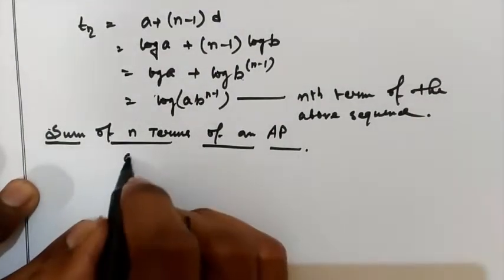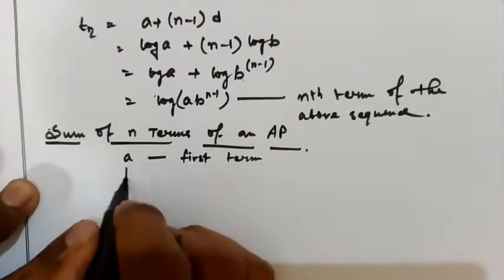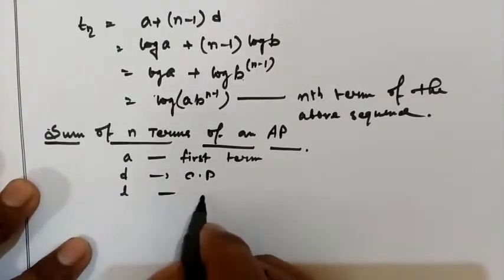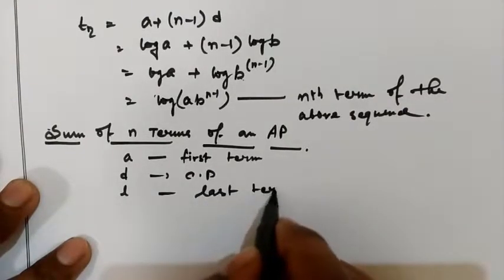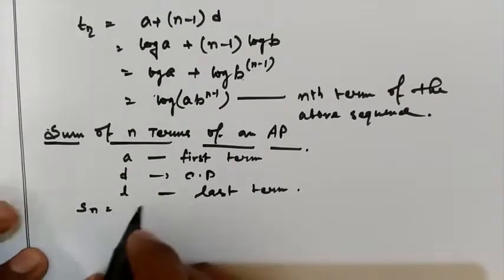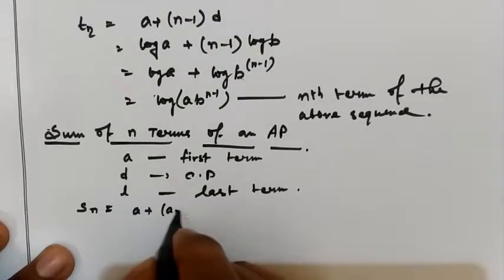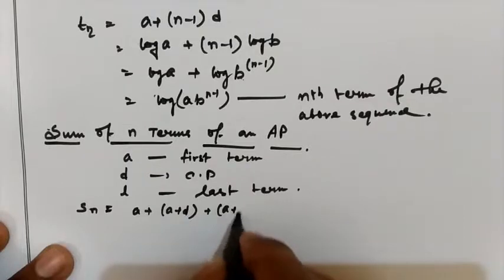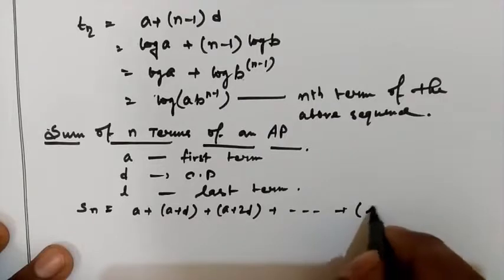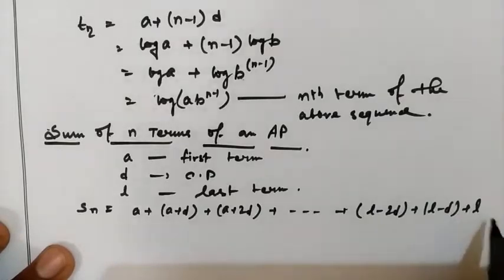Again similarly, if a is the first term and d is the common difference and l is the last term, then we can write Sn equal to a plus a plus d plus a plus 2d plus dot dot, l minus 2d plus l minus d plus l, where l is the last term.